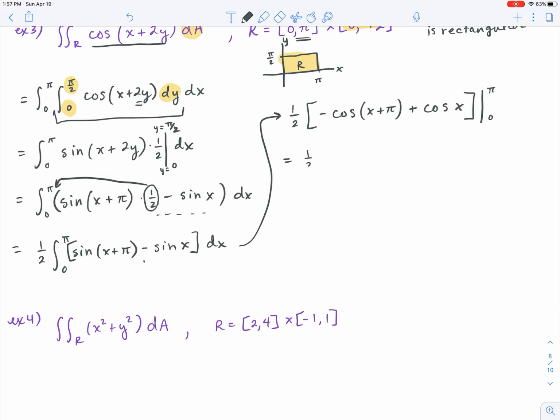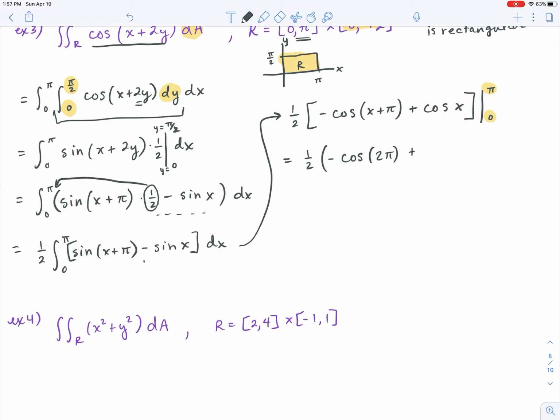Next step, I'm going to have 1/2 times. I'm going to put in my limits of integration here. So I've got negative cosine of x, which is pi, plus pi, so negative cosine of 2 pi, plus, did I do something goofy?